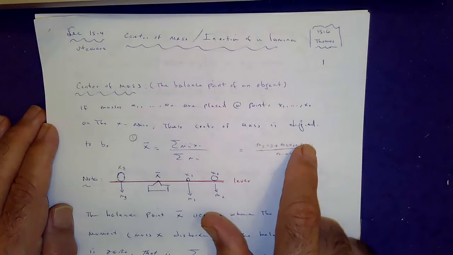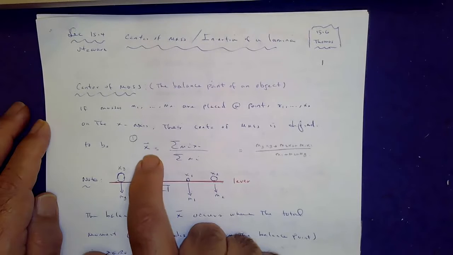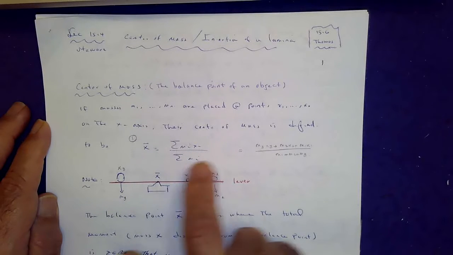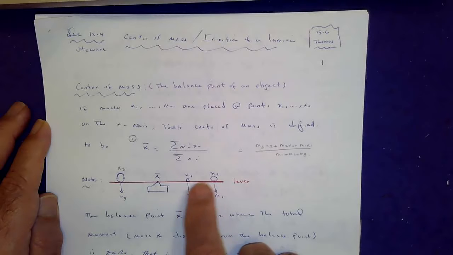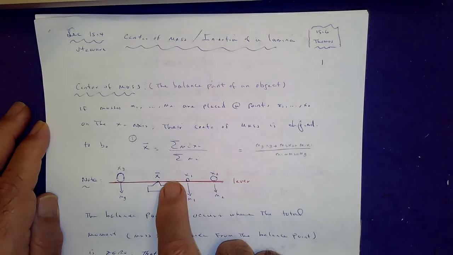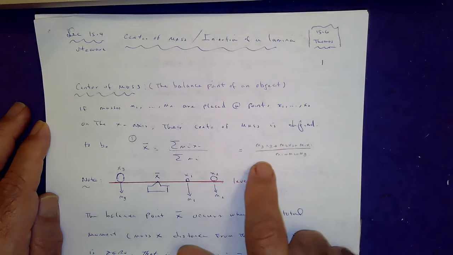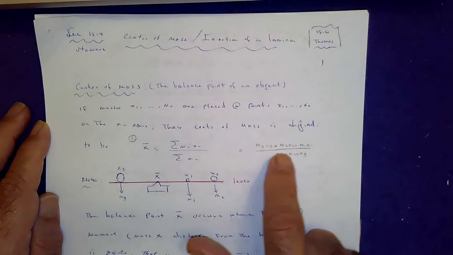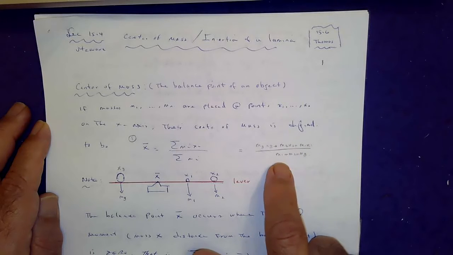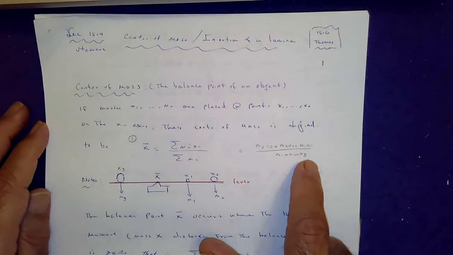The center of mass of these point masses is denoted by x bar, which is a weighted average. It's the mass of each object times the distance from a reference point divided by the total mass. So in this case it is m1 times x1, m2 times x2, m3 times x3, divided by m1 plus m2 plus m3.